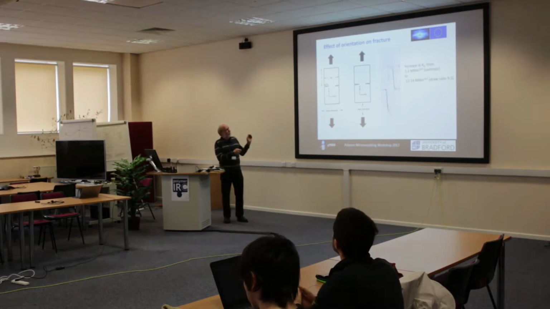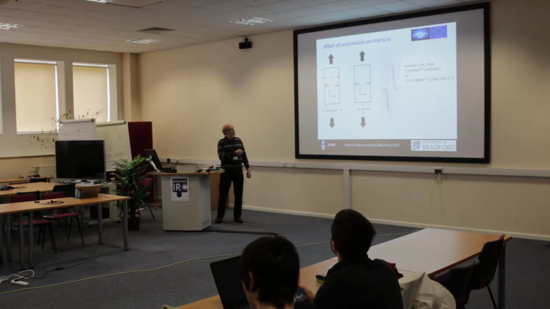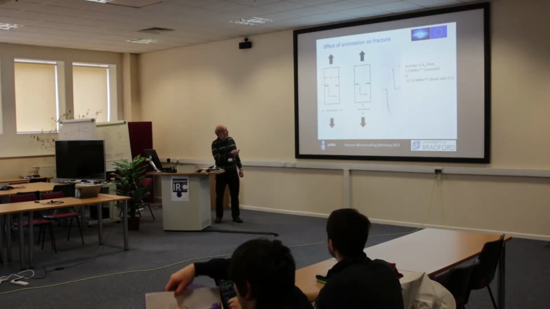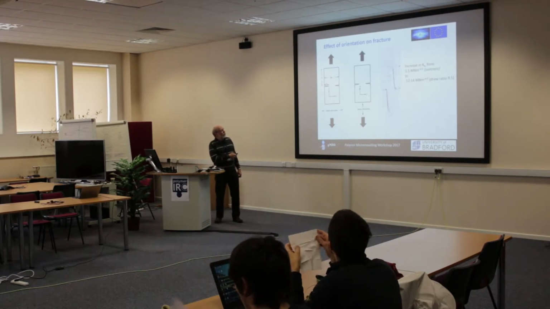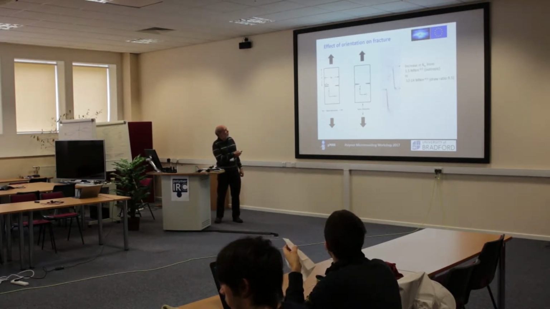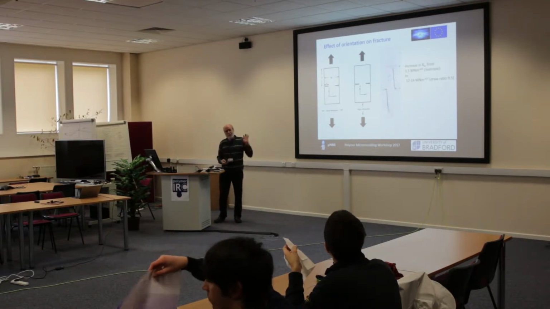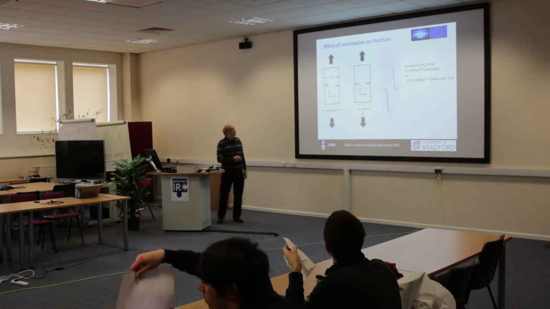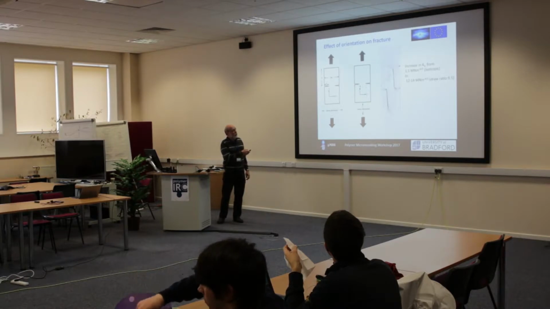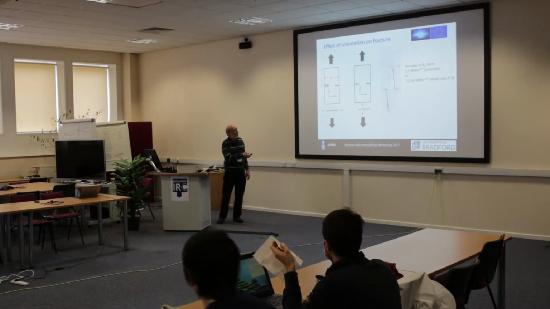a simple, naive thought about how this is happening. If you've got chains oriented across this way, then to drive a crack this way, you don't have to fracture so many chains as you do if you try and drive a crack this way.